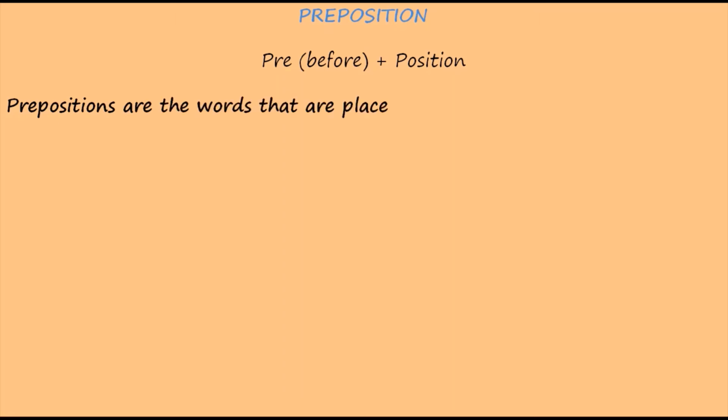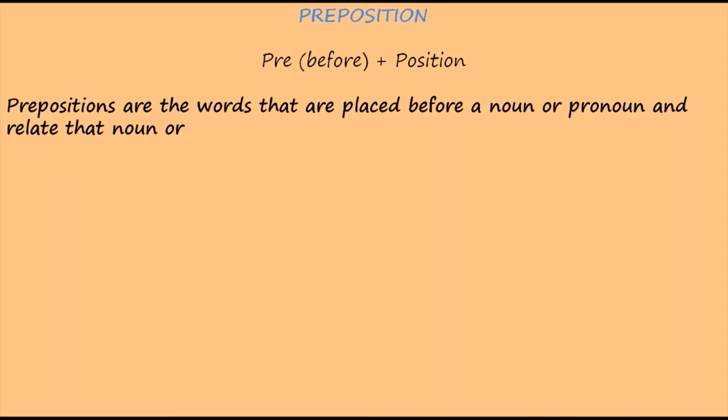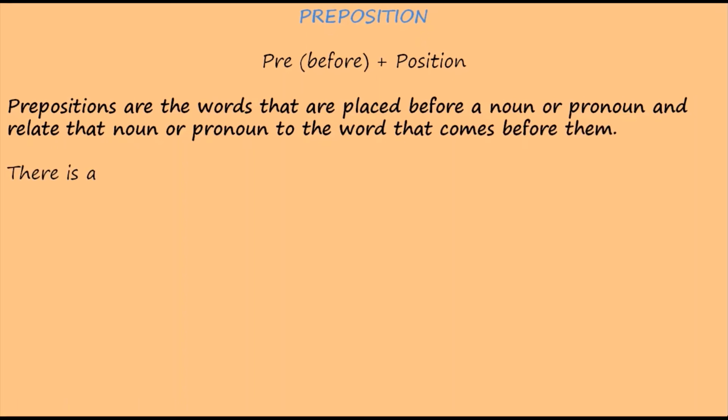Preposition. Pre means before, plus position. It means prepositions are the words that are placed before a noun or a pronoun, and they relate that noun or pronoun to the word that comes before them.